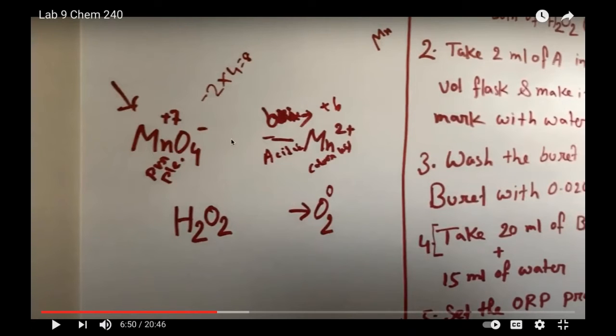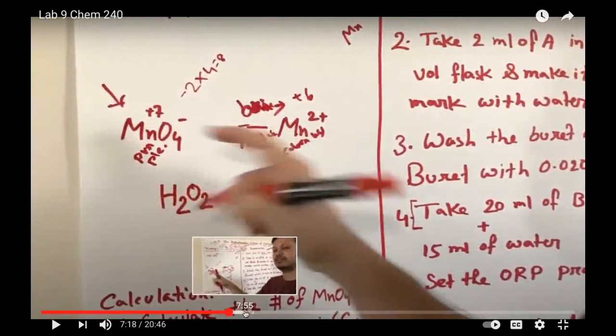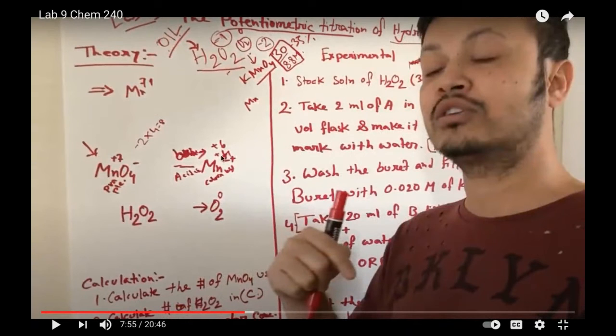Even if you use a medium in between, not a very strong base or very strong acid, it becomes +7 to +4, and the color of this +4 is actually brown.